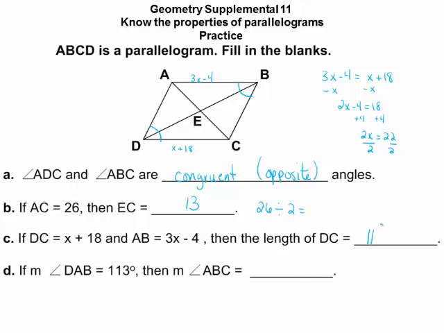Oh, whoops, no, that's wrong. I didn't read the whole problem, did I? X equals 11, but look, I want to find the length of DC. DC is x plus 18. So this is 11 plus 18, so 29. Yes?